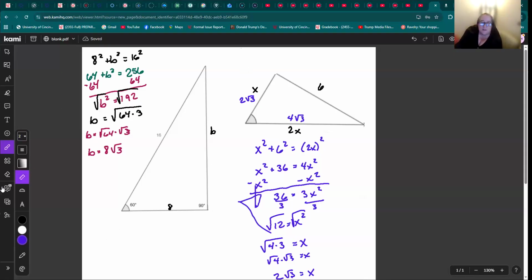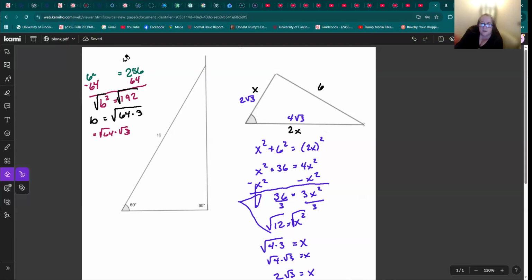One last thing that we want to do with our 30, 60, 90 right triangles is, what do we do for our special cases? We are going to erase all our work here. Going back to what we had, just so that I have more space.